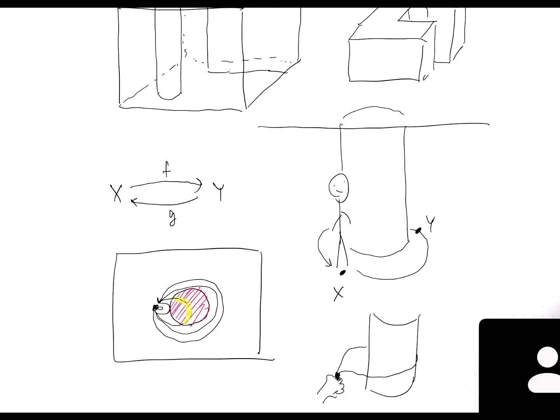And if these points are fixed, there is no way you can bring back your string to your possession because of the obstacle given by the cylinder. And so because of that, this composite GF will not be the same as identity.